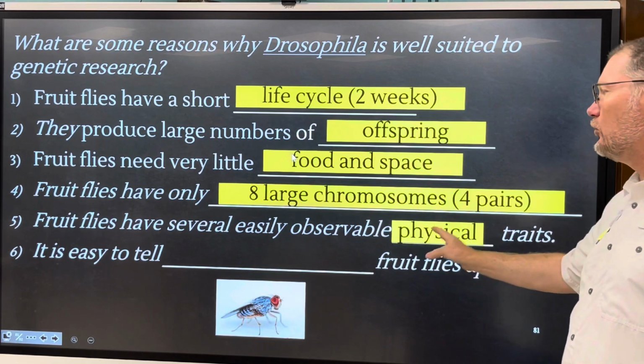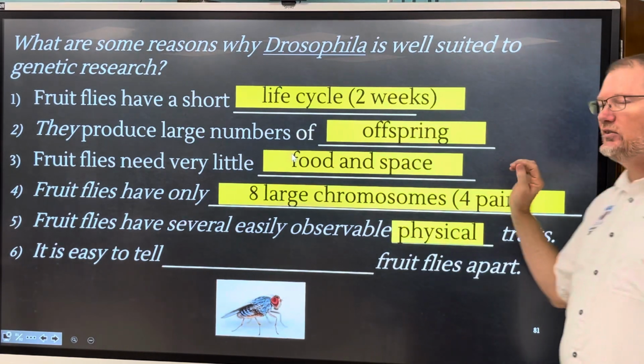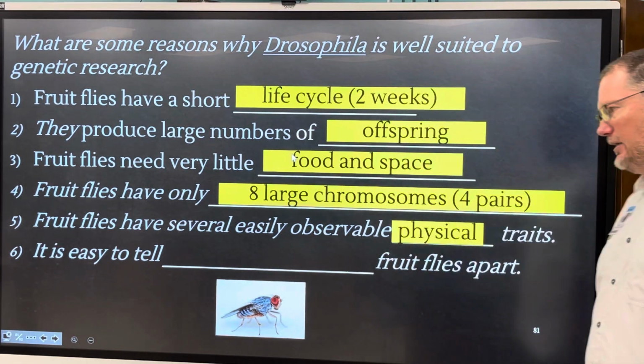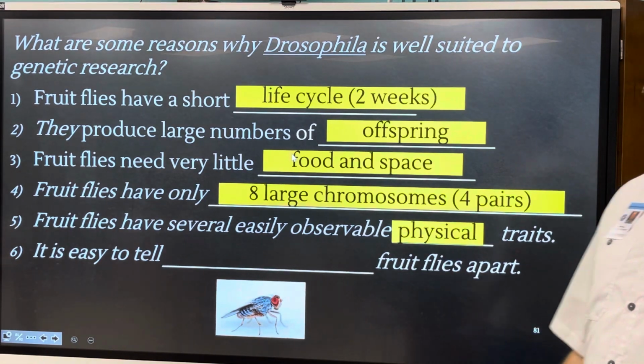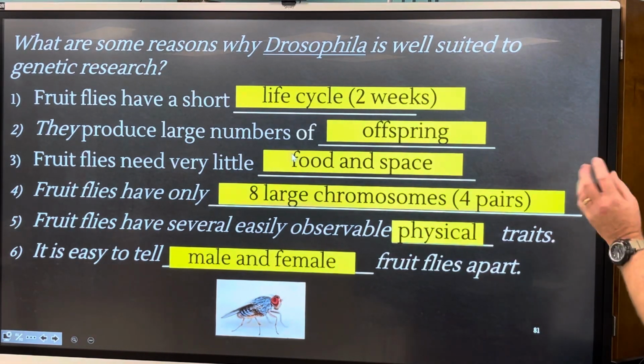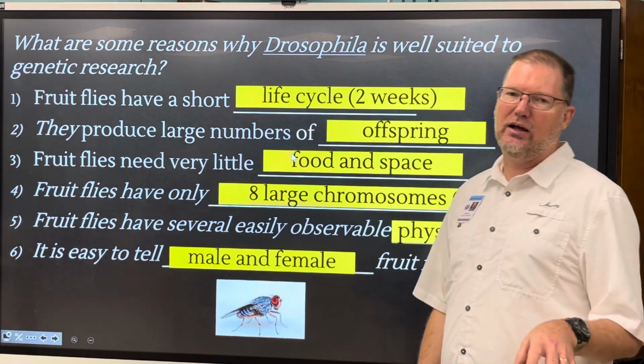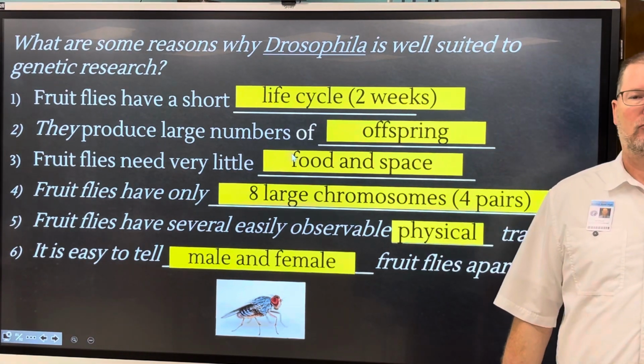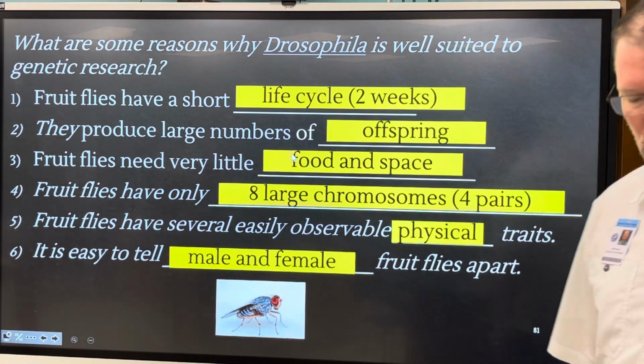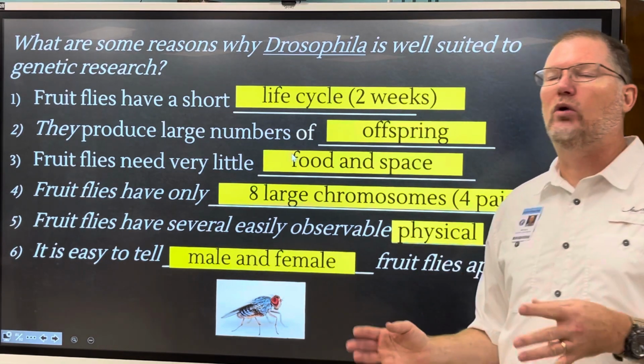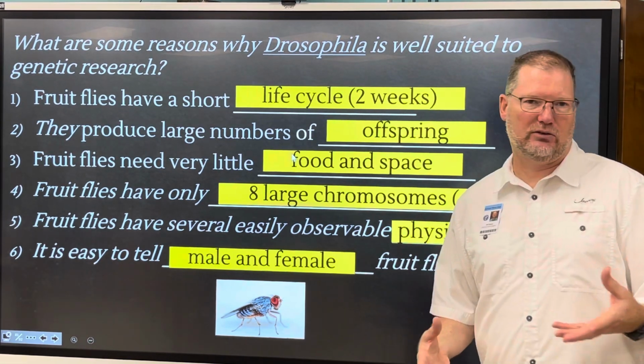They have several easily observable physical traits, and I showed you those on that last slide. And it's very easy to tell male and female fruit flies apart. Okay, so all of those things make them wonderful specimens.